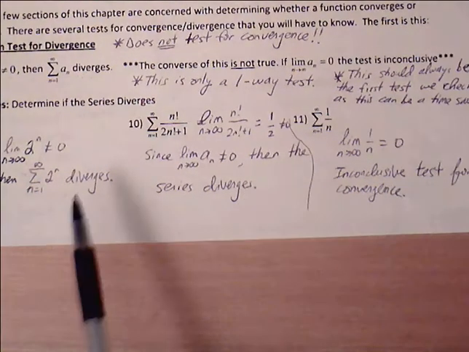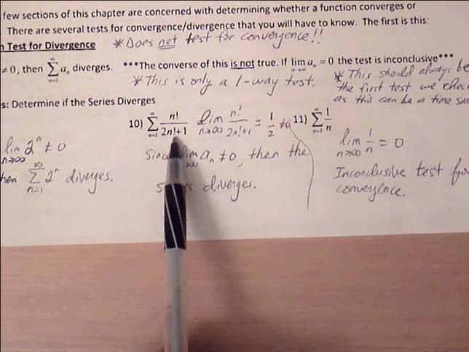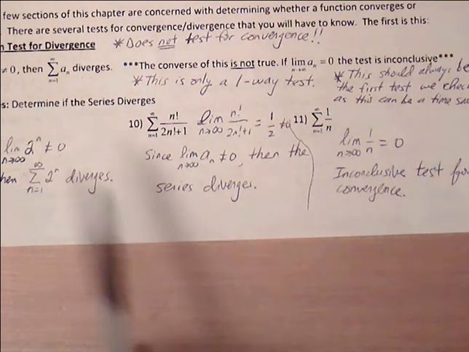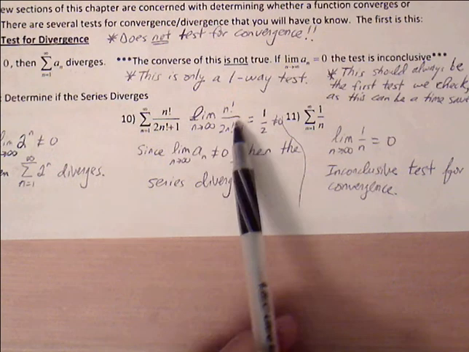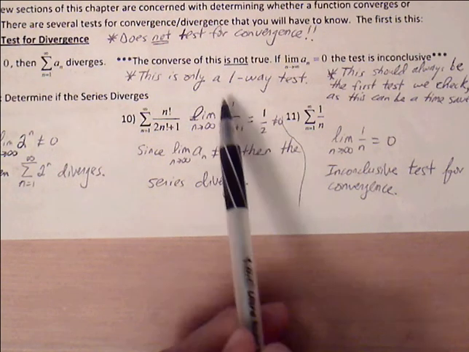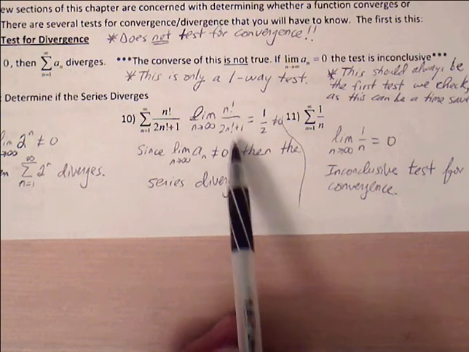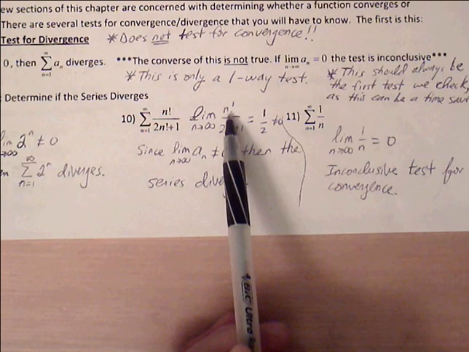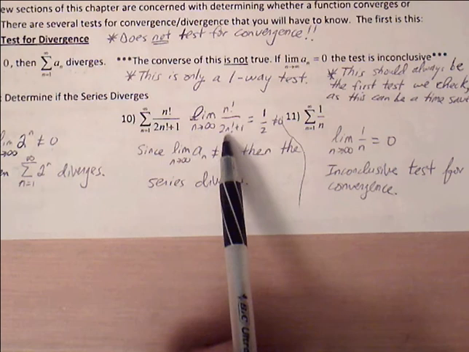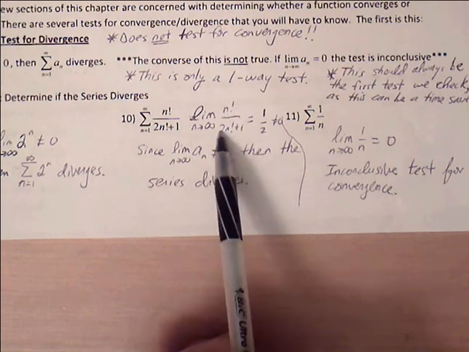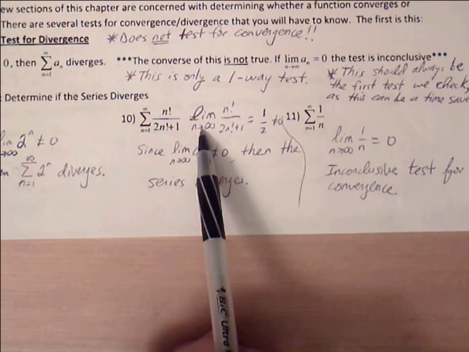The second, number 10, n factorial over 2n factorial plus 1. And the limit as n approaches infinity is equal to 1/2. If we think of these as variables with the same degree, we can take the ratio of the leading coefficients, which is simply 1/2, since n is approaching infinity.